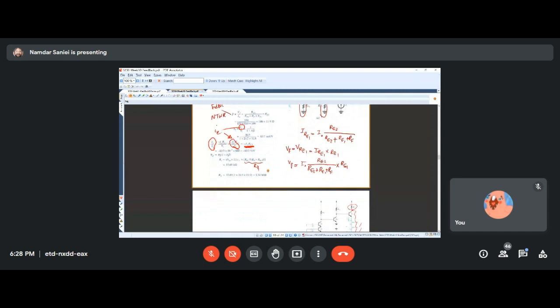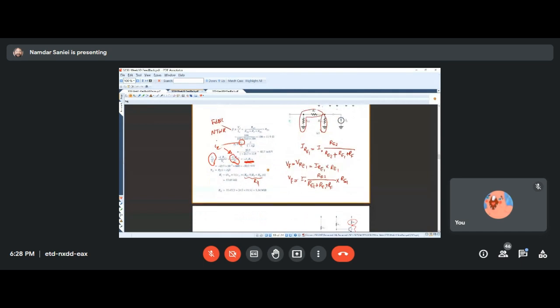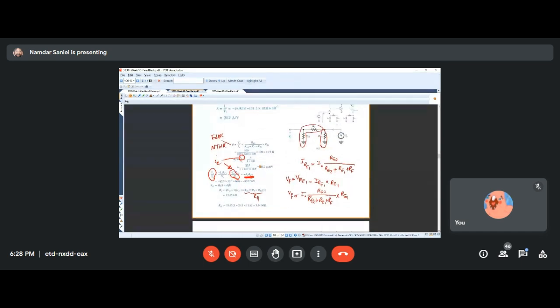And then when we have beta, and we have the AF, the corresponding AF, which is the transconductance gain on the feedback.